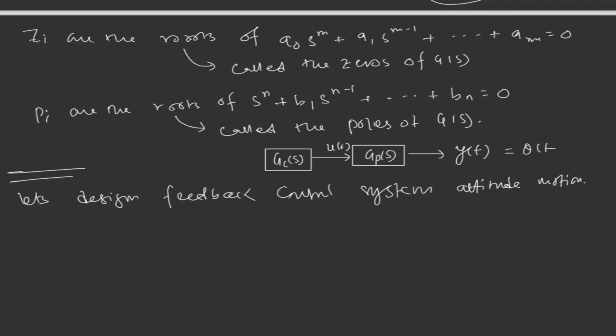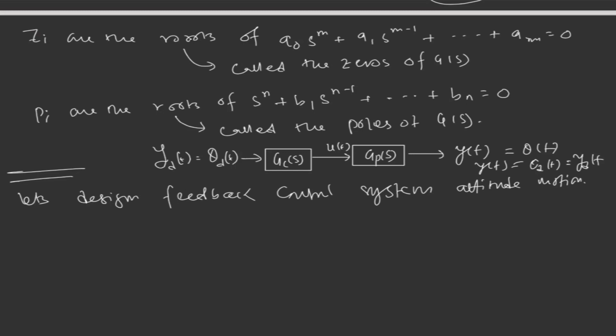But if you want to track your y(t) to some desired y_d(t), for example theta desired(t), some desired angles, so how will we make y(t) equal to theta(t) or y_d(t)?